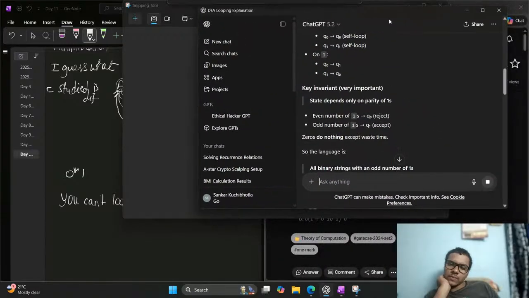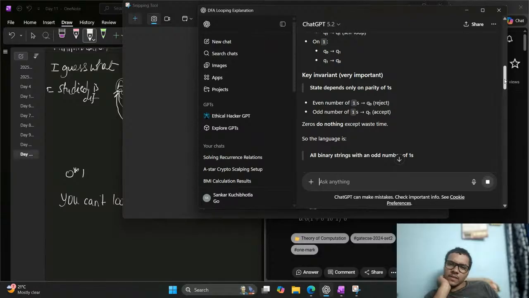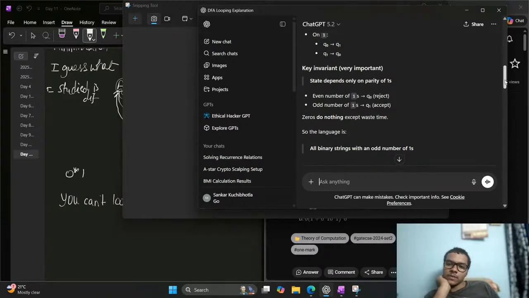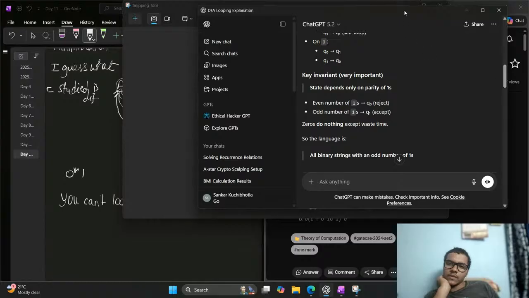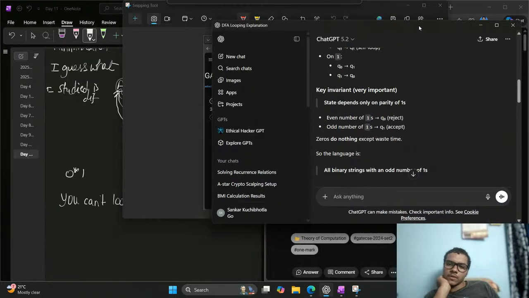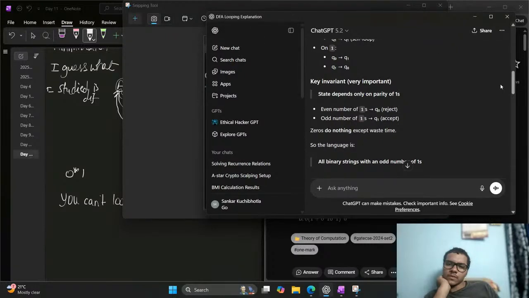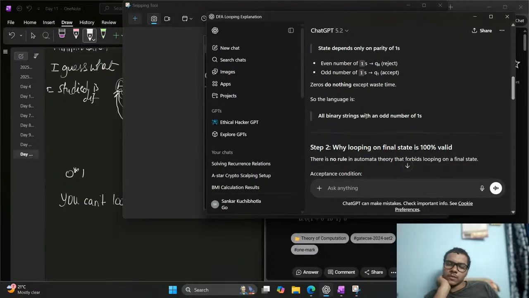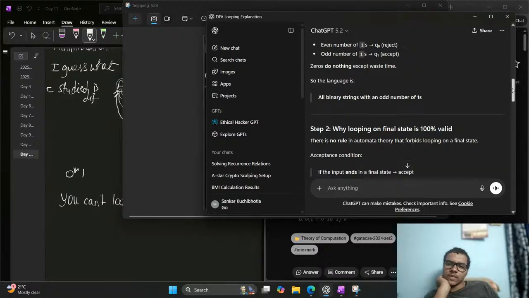Q1 to Q0. Key invariant: the state depends only on the parity of 1s. Okay, even number of ones means it will end up in Q0, odd number of ones in Q1. So the language is any binary strings.